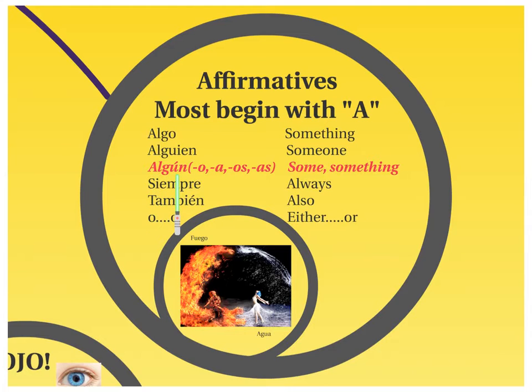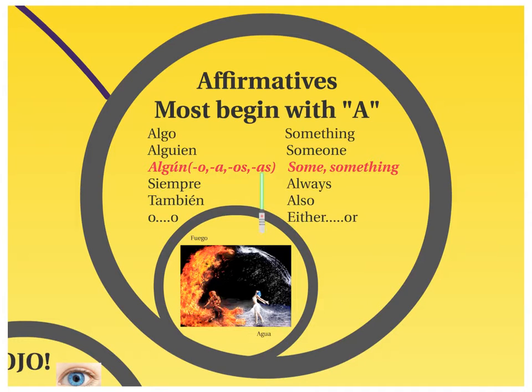To say some is right here, algún, and this end here, alguno, alguna, algunos, algunas, would be specific to whatever that some is. If I said I have some chairs, yo tengo algunas, because chairs is feminine and plural, yo tengo algunas sillas.